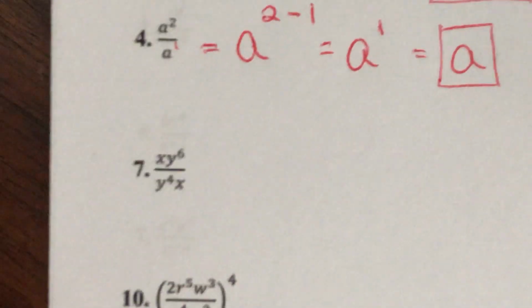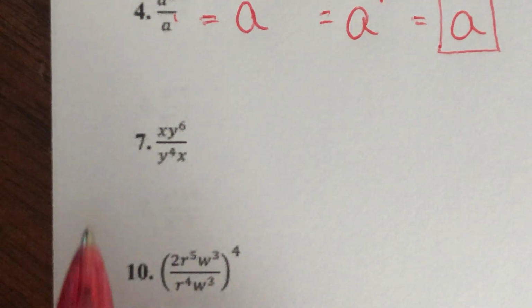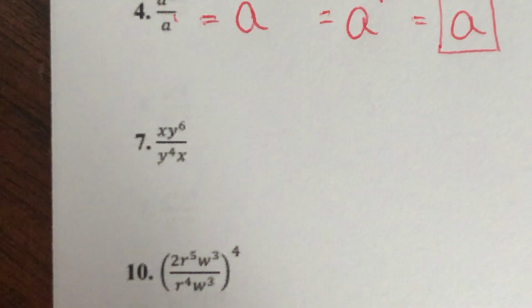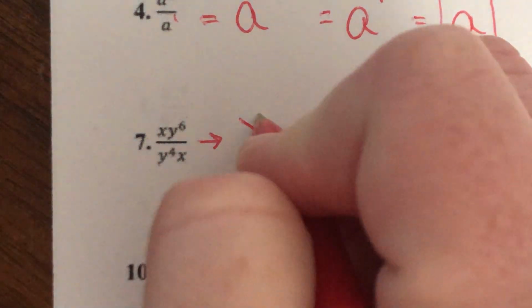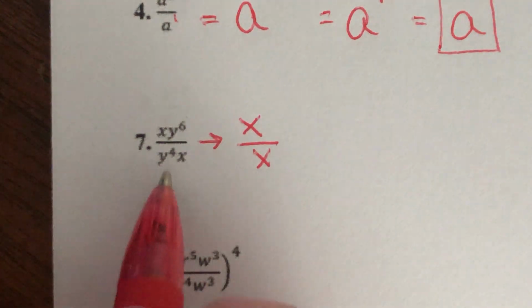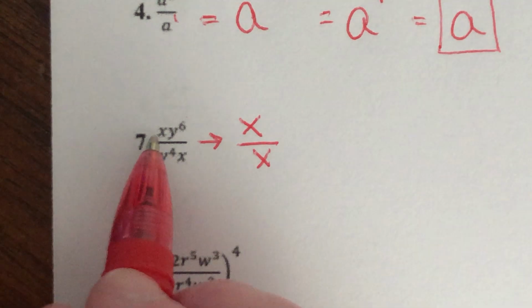All right, number 7. I have x times y to the 6th over y to the 4th times x. Now, I want to line up my like terms or my like factors. So I'm going to line this x up on top here with this x on the bottom. I'm just flip-flopping the order that these are being multiplied in.